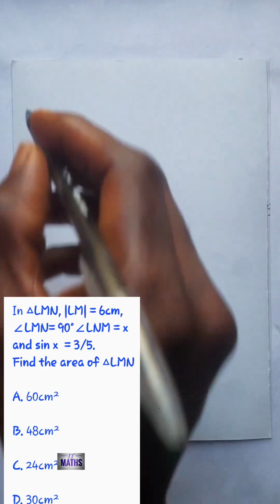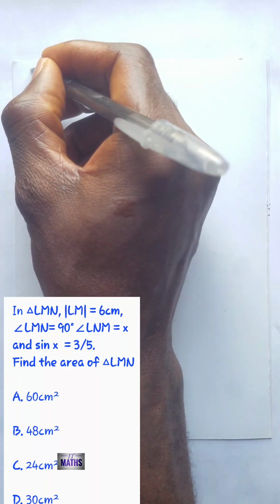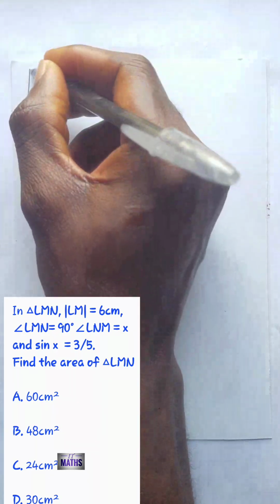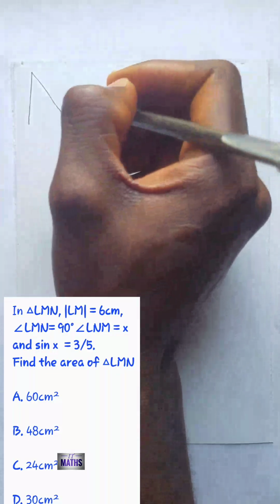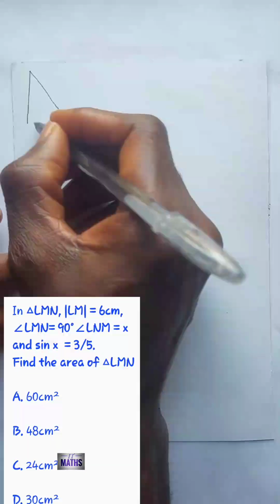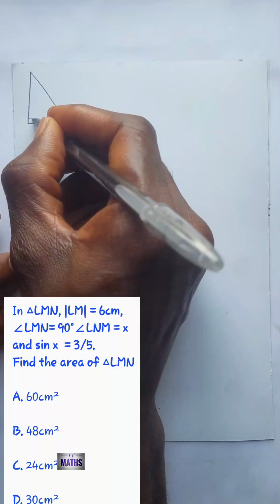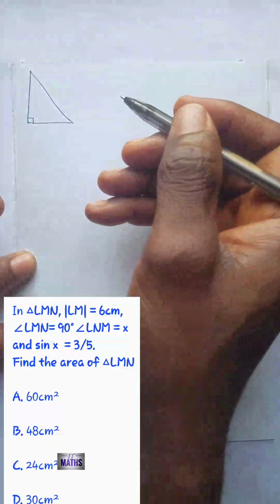Now the first thing we need to do is quickly sketch our triangle. Since they say it is a right angle triangle, I'm going to make it a right angle triangle. How do I know it's a right angle triangle? Somewhere they say 90 degrees. So let's label.